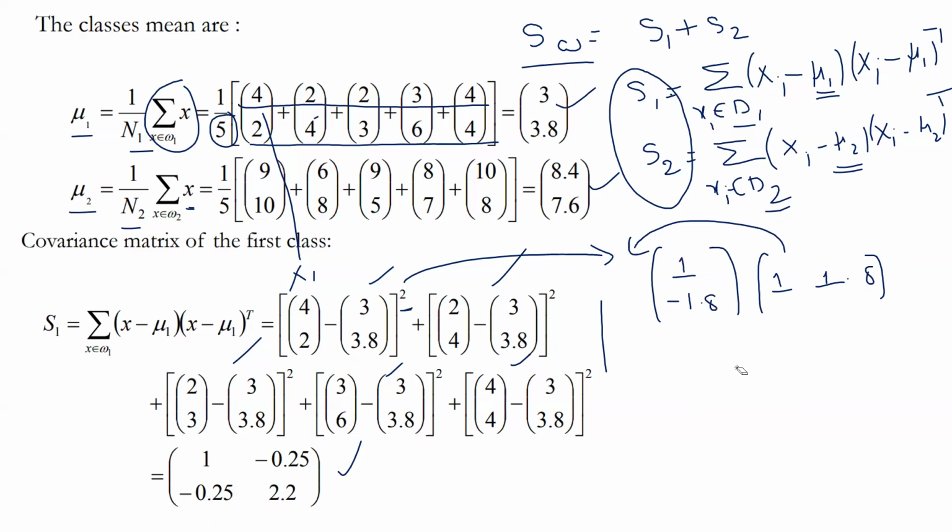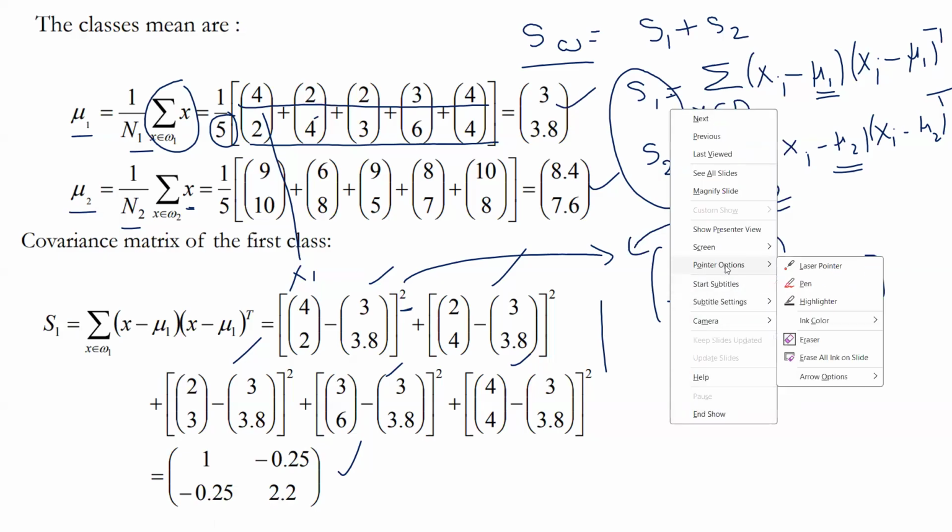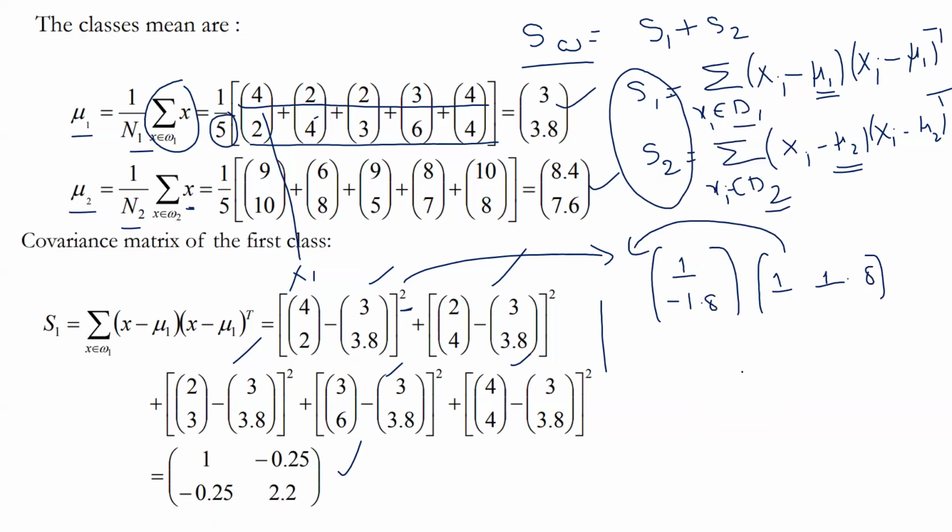So this is the difference: x minus mu and x minus mu whole transpose. This turns out to be a 2 by 2 matrix, right? This is 2 into 1 and this is 1 into 2, so this falls to be a 2 by 2 matrix.